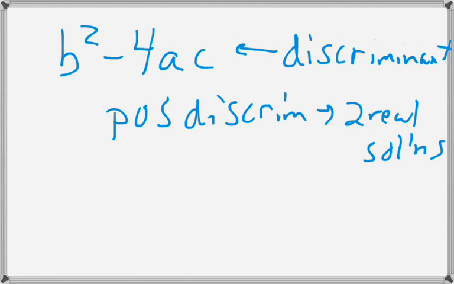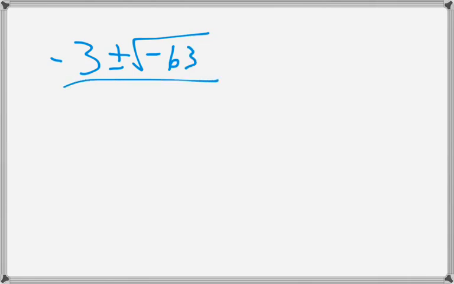Let's see what happens if the discriminant is not positive. So another possibility would be that the discriminant is negative. So suppose we've taken our equation, we've set it equal to 0, and we've substituted in, and we get something like this. Okay, so if we have a negative under the square root, that's not a real number.